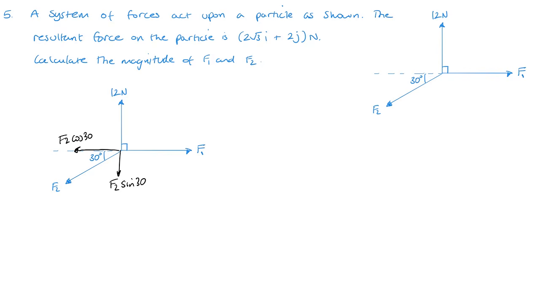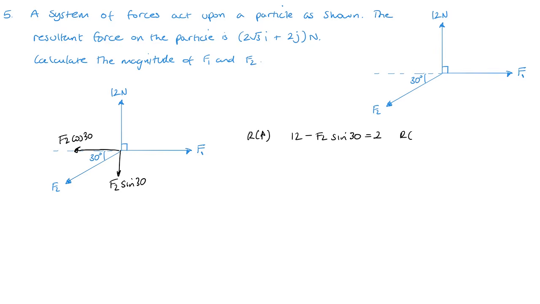So if I resolve vertically, then 12 minus F2 sine 30 must equal 2, because it's 2 in the positive direction, so we're going up.